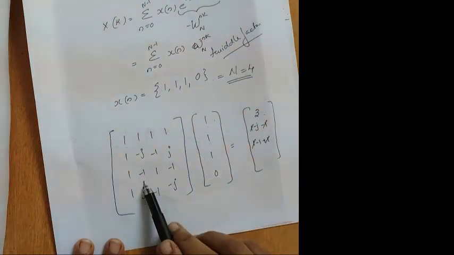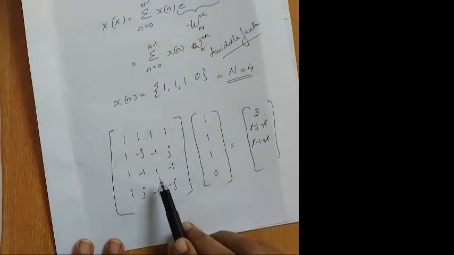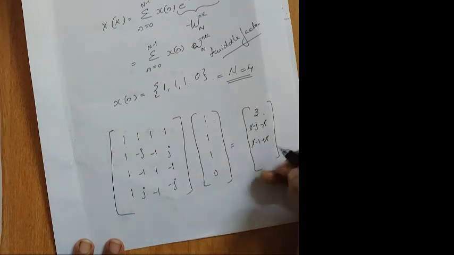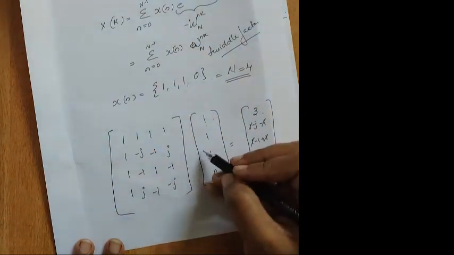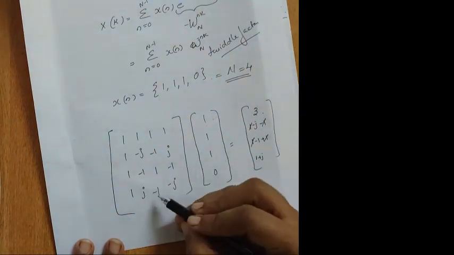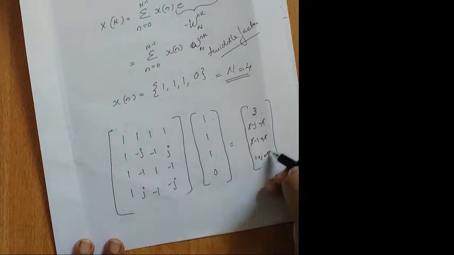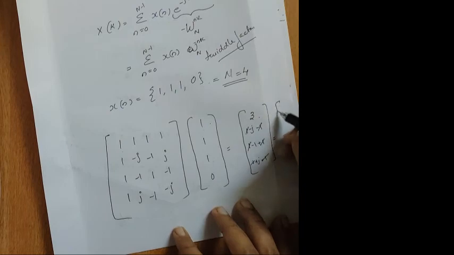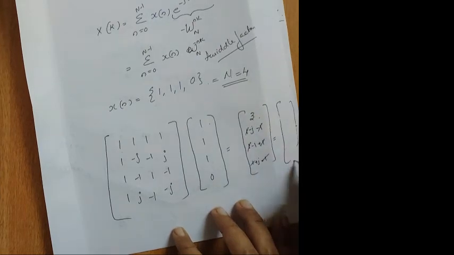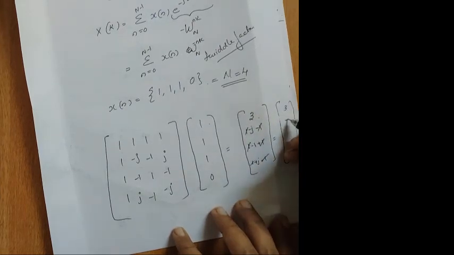Next, your value will be 1 into 1, 1, j into 1 plus j, 1 into minus 1, that you will get plus j. So your answer will be 3, minus j, minus 1, j.